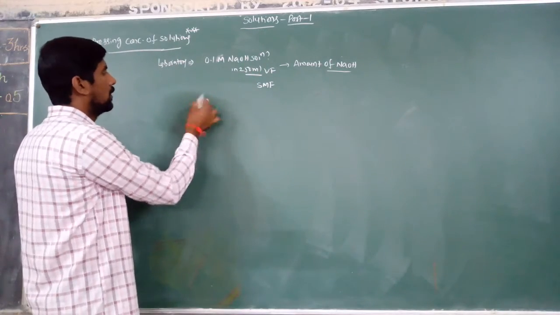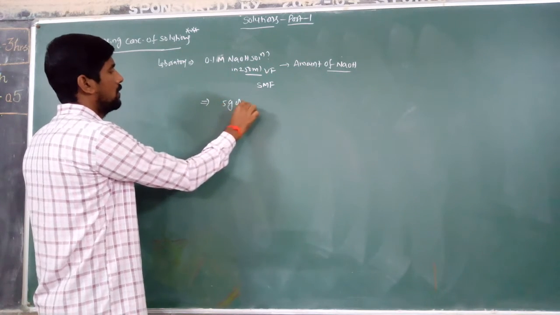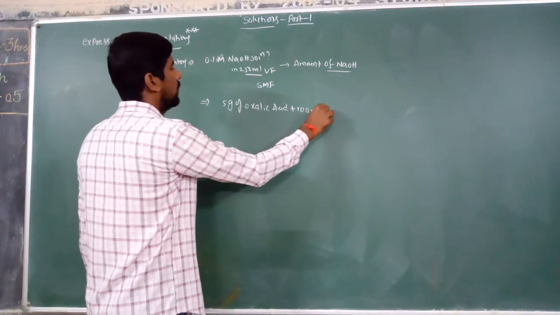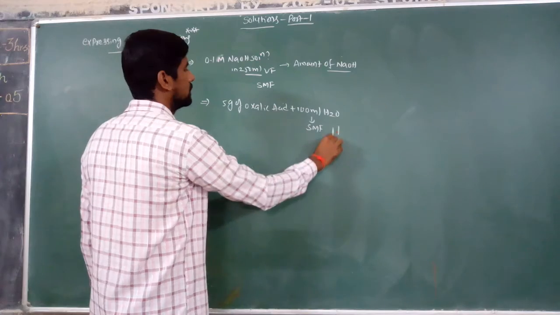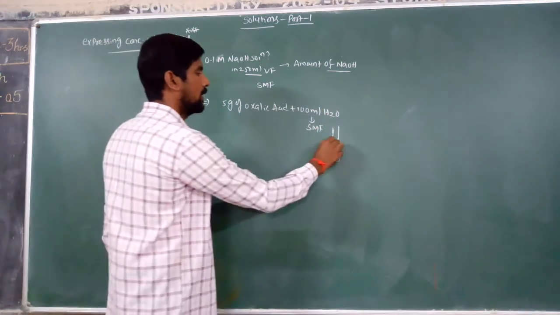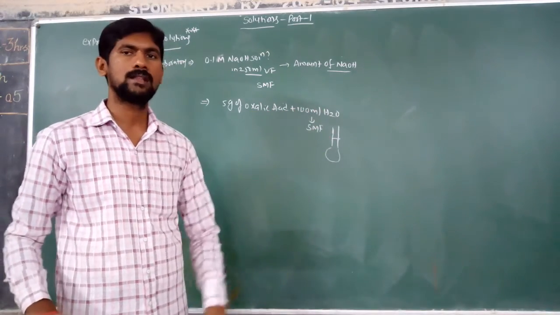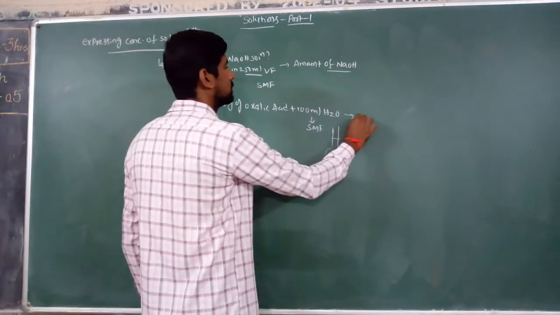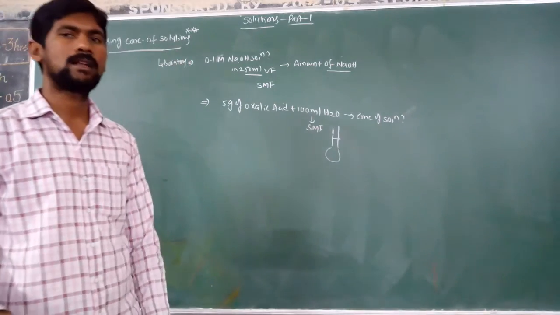Or for example, suppose 5 grams of oxalic acid is dissolved in 100 ml of water. The water is taken in a standard measuring flask, 100 ml. If 5 grams of oxalic acid is dissolved in 100 ml of water, what is the concentration of that solution?